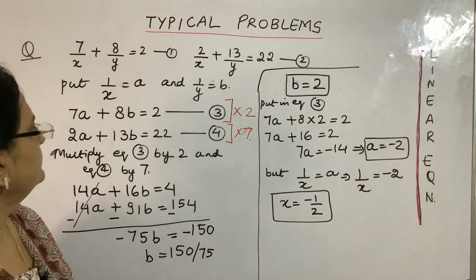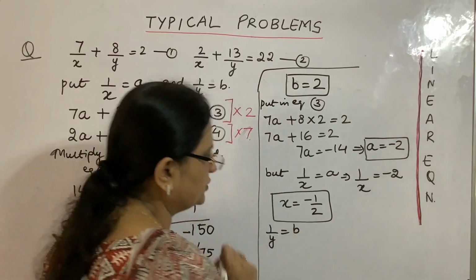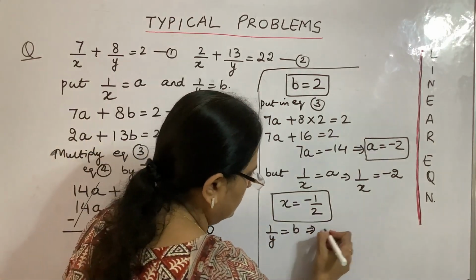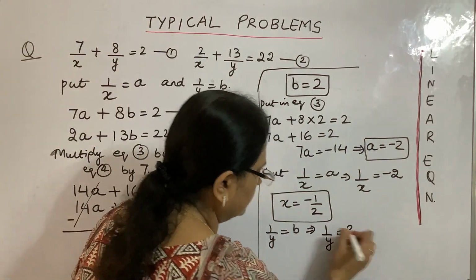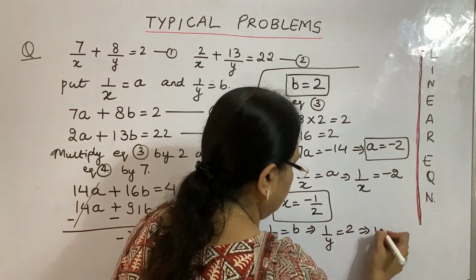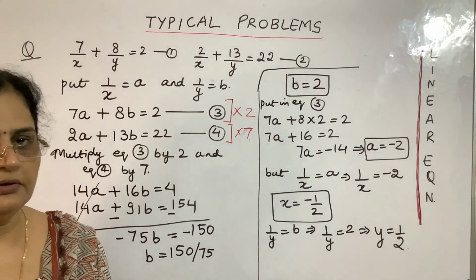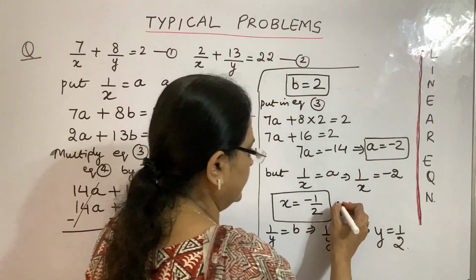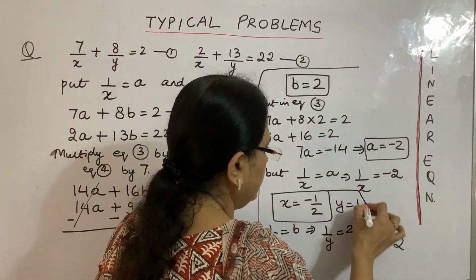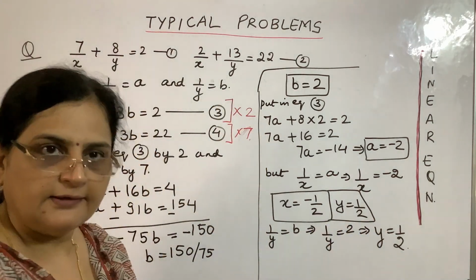What about y? 1 upon y is equal to b. What is b? 1 upon y is equal to 2. Cross multiply, so you will get y is equal to 1 upon 2. So I can write here y is equal to 1 upon 2, and this becomes the final answer.